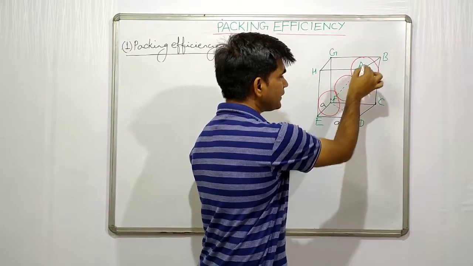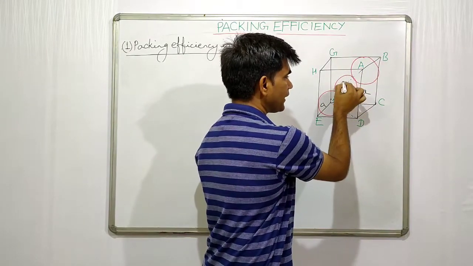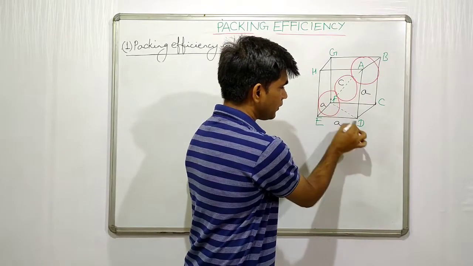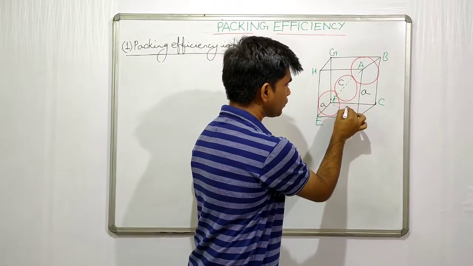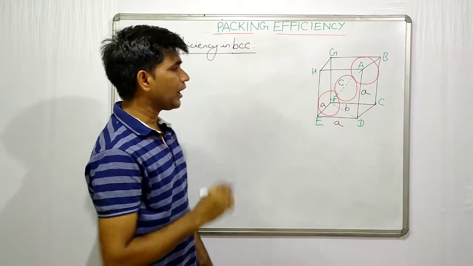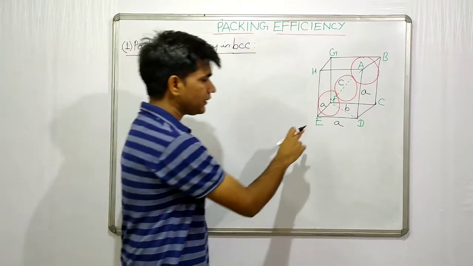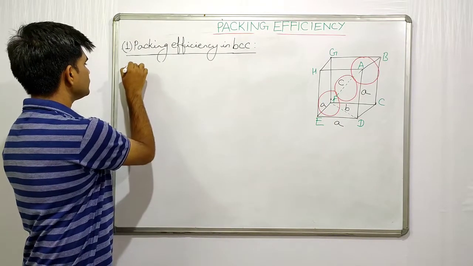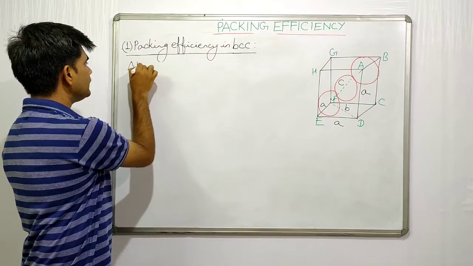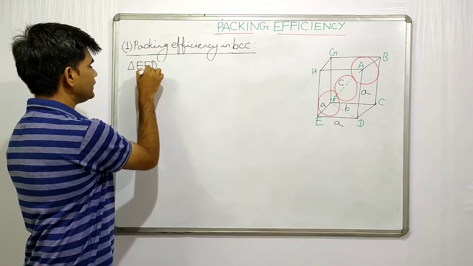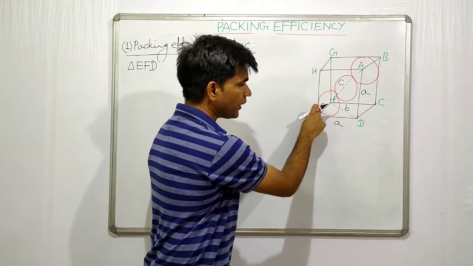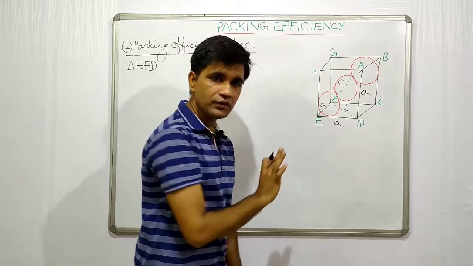The value of this body diagonal, we can assume it is C, and suppose this face diagonal is equal to B. Now we can say here in the triangle EFD, according to Pythagoras theorem, B square is equal to A square plus A square.